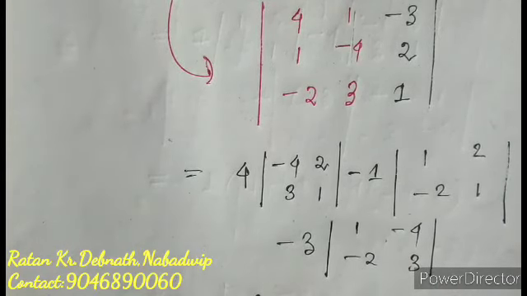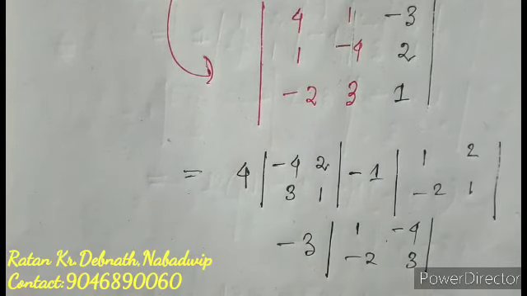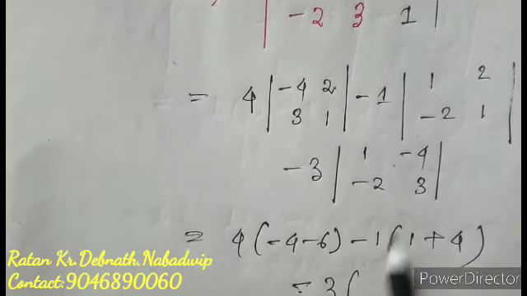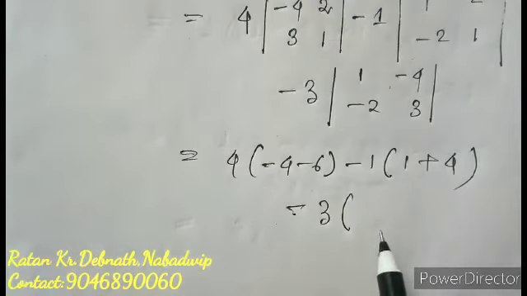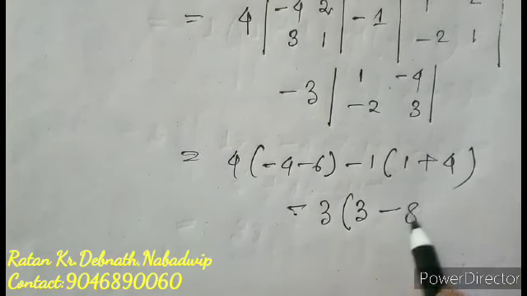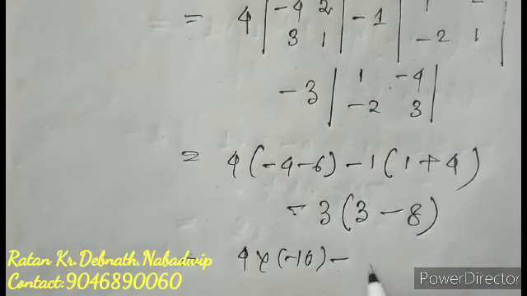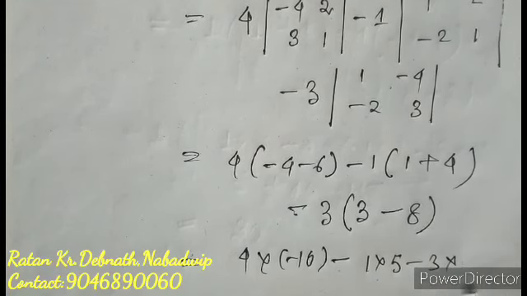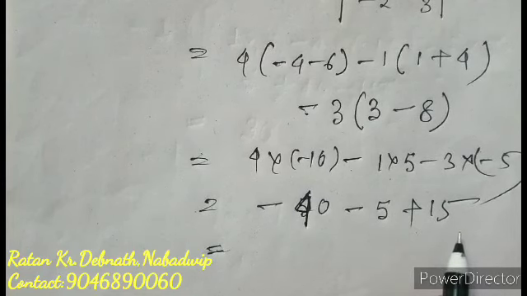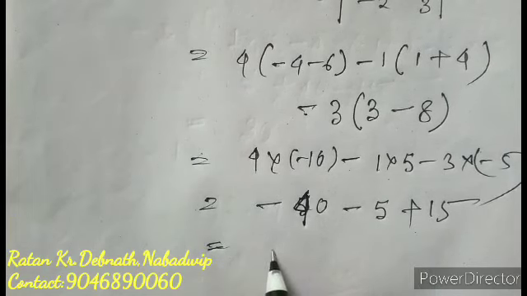Now 4 into minus 1 minus 6, minus 1 into 1 plus 4, minus 3 into 3 minus 8, 4 into minus 10 minus 1 into 5 minus 3 into minus 5, minus 40 minus 5 plus 15 results in minus 30.